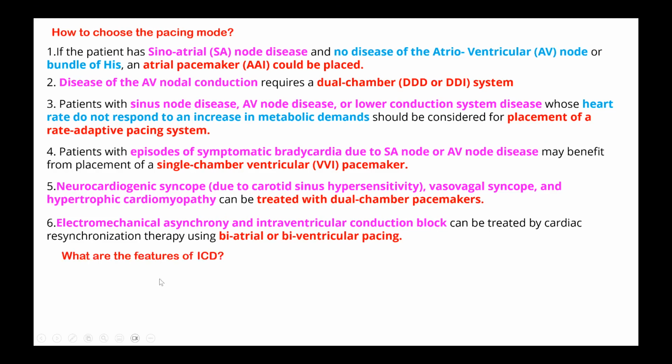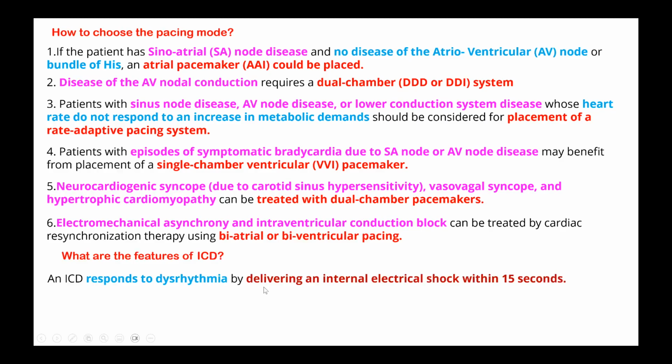And what are the features of ICD? So far we saw all the features of the pacemaker, but in what way is the ICD different? The ICD responds to a dysrhythmia by delivering an internal electric shock within 15 seconds of recognizing it. And how is the ICD able to recognize that there is a dysrhythmia?